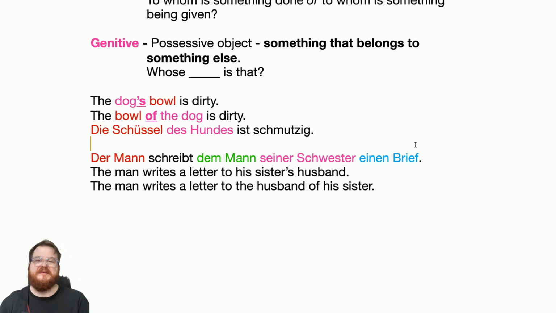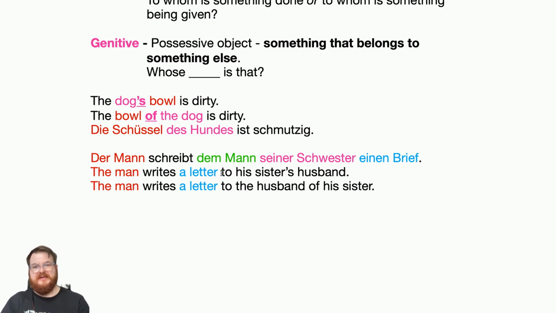Whose husband is that? It's the husband of his sister. It's his sister's husband. Whose husband is that? There's the question that we ask. Let's mark up these English sentences as well. Read for nominative, the man is doing the writing. A letter is the thing that's being written, that the verb is being done onto. Mark that blue.